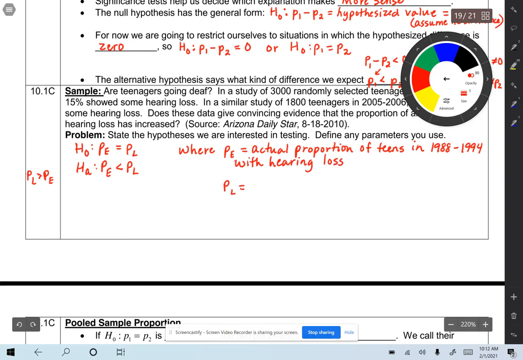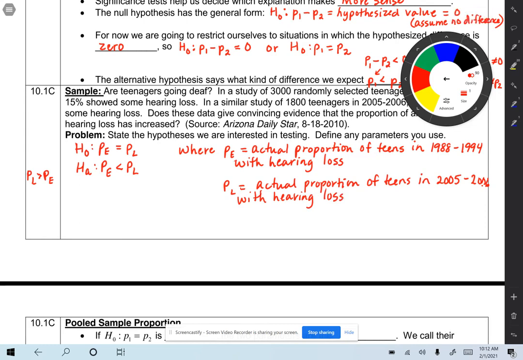And PL is the actual proportion of teens in 2005 to 2006 with hearing loss. There you go. So that's writing the null and alternative.